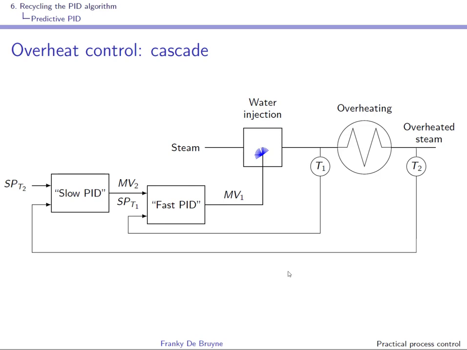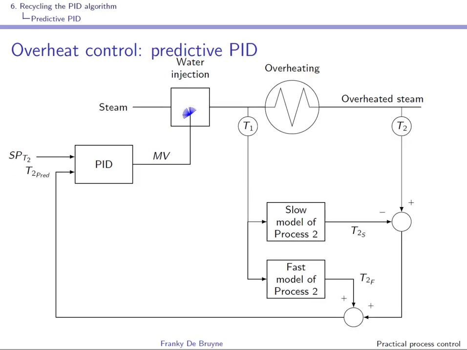Sometimes, in order not to have to implement this cascaded solution, which requires two controllers that you have to tune with an interlock strategy, the following predictive PID controller is implemented. You recognize the fast model of the process in between T1 and T2. So the PID controller here is tuned to control the system from MV to the fast T2.